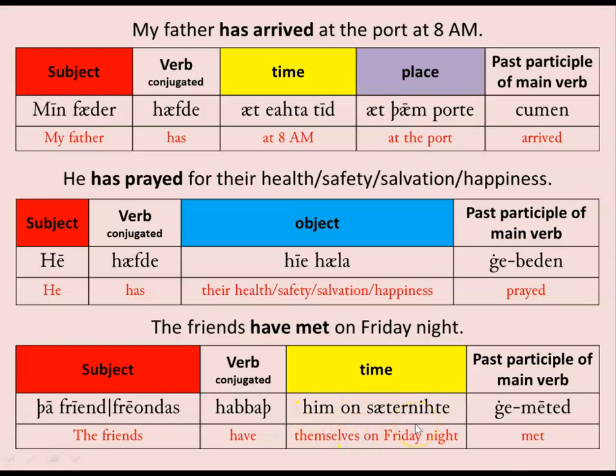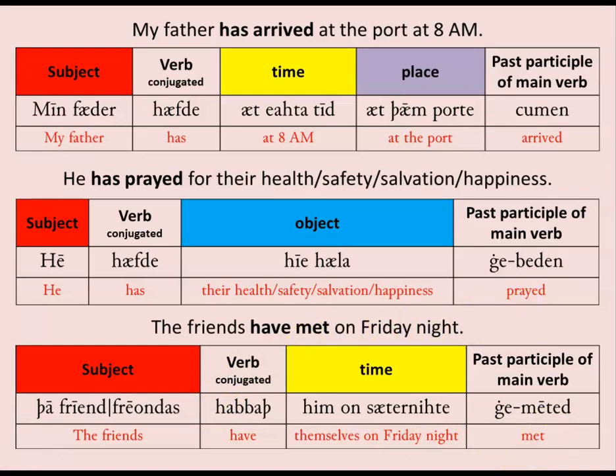It's just pointing out it's they themselves who have met on Friday night. Vervriend or vervriendas, either one is the plural there. Habeth, plural present tense. Have themselves on Friday night, so it's them together, met. The friends have met on Friday night.